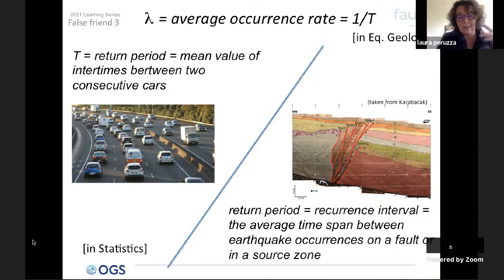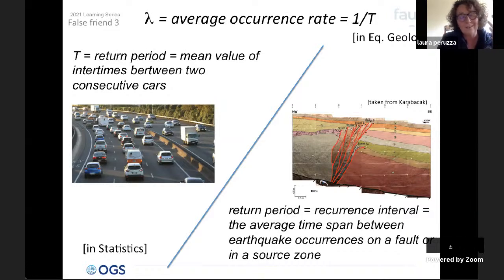If we see the definition of return period again on the USGS website, in terms of geology, in terms of, for example, paleoseismological analysis, well, again, return period is the average time span between earthquake occurrence on a fault or in a source zone. Well, the two definitions are identical, in my opinion.